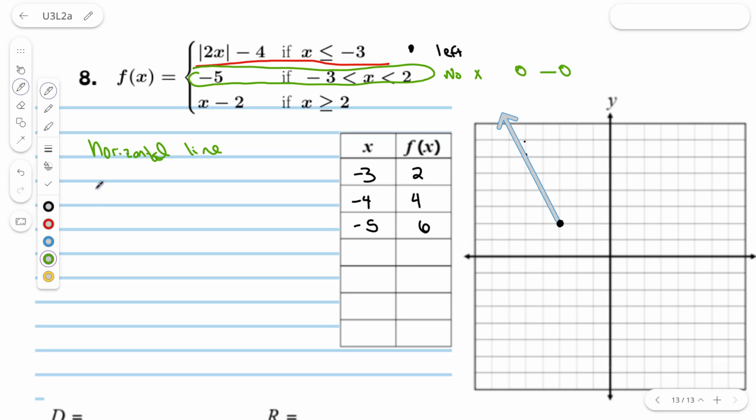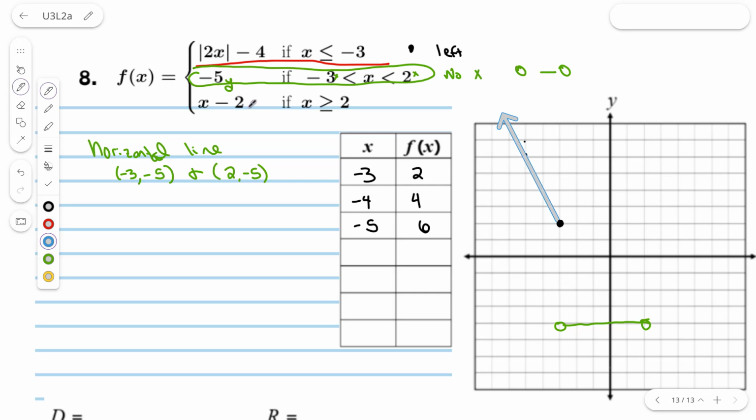And so my horizontal line is going to be at the value of -5. So this is my y value. These are my 2 x values. So I have -3, -5, and 2, -5. And so that -3, -5, draw all the way over to 2, -5, and that's my line.